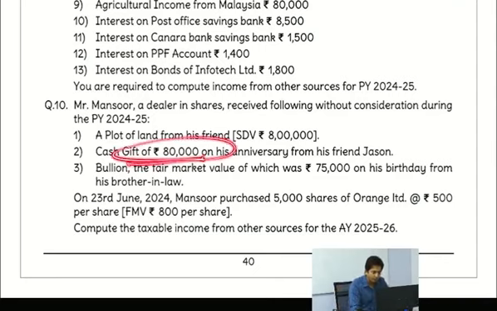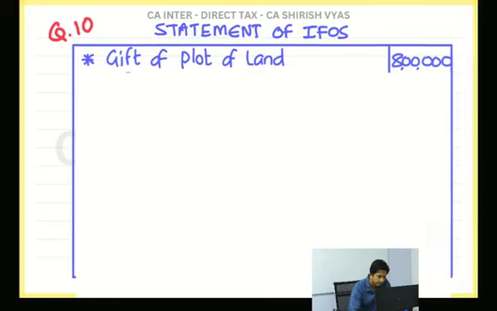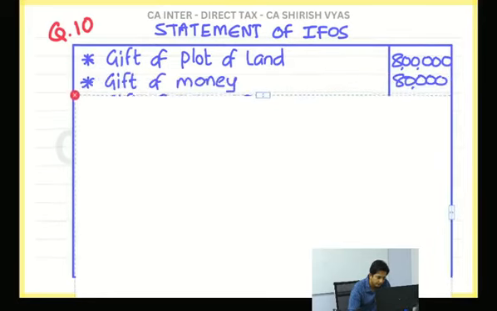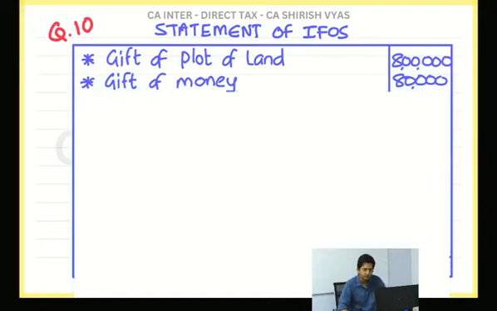What is the total? 80, which is above 50, fully taxable. So write, what you will write? Gift of money. $80,000 fully taxable.